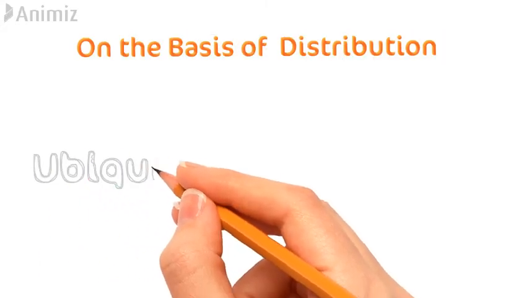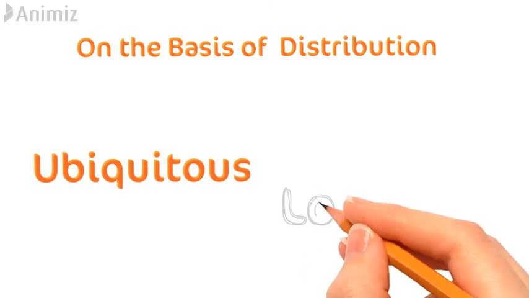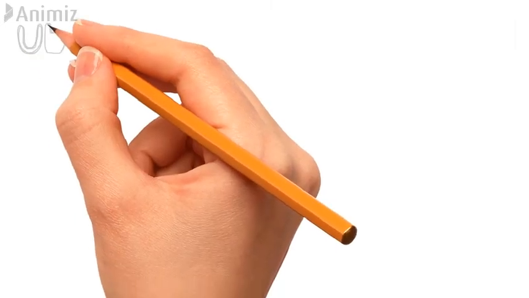Now we have the last classification, and that is on the basis of distribution of resources. We have two types, ubiquitous and localized. So we will see them in the next slide. Ubiquitous resources.